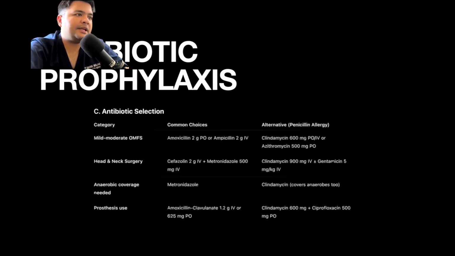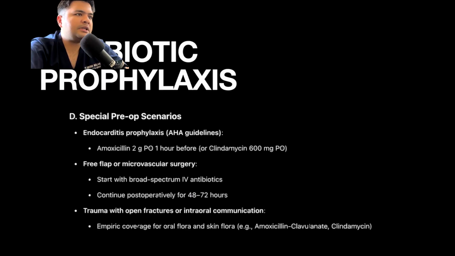So the antibiotic selection in mild to moderate oral and maxillofacial surgery: 2 gram of amoxicillin per oral or ampicillin 2 gram IV, or alternatively clindamycin 600 mg per oral or IV or azithromycin. You can note this criteria. Special pre-op scenarios: in endocarditis prophylaxis, we use amoxicillin 2 gram per oral 1 hour before or clindamycin 600 mg per oral.